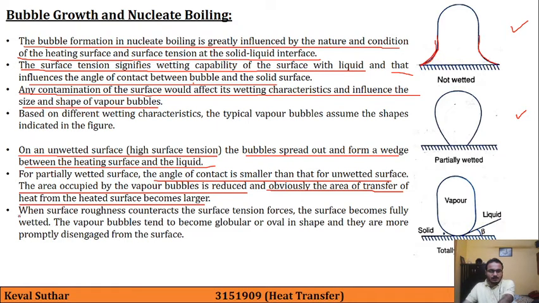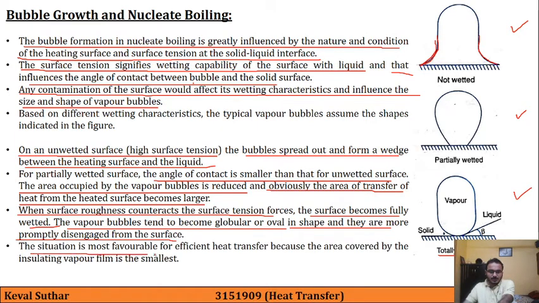Now when the surface roughness counteracts the surface tension forces, the surface becomes fully wetted, that is the third case, the fully wetted case. The vapor bubbles tend to become globular or oval in shape, that is here you can see that the vapor bubble is now oval, and they more readily disengage from the surface.